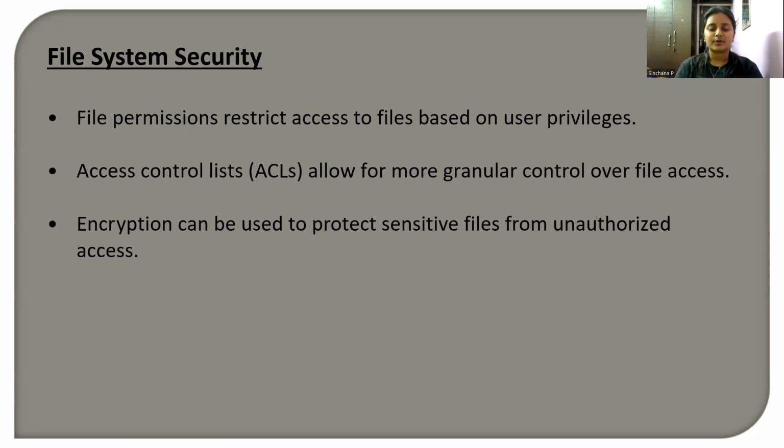Encryption can be used to protect sensitive files from unauthorized access, that is, any other person hacking our mobile phones or any other systems. Encryption is very important, as it protects sensitive files from unauthorized access by random persons or strangers. This is about file system security.